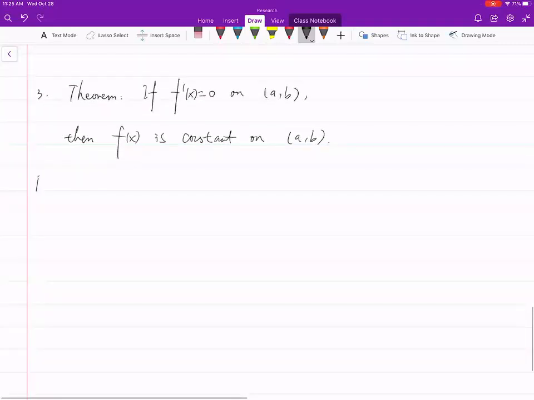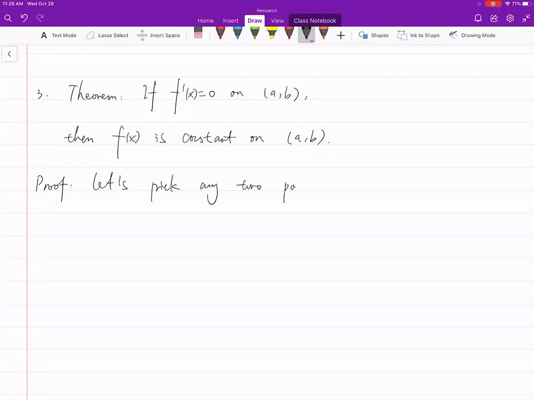Okay, let's go over the proof. This basically says Aaron was right. And Anton, the situation you worry about won't happen. Okay. Why is this true? Well, let's just pick any 2 points, x1, x2 in AB. Okay.